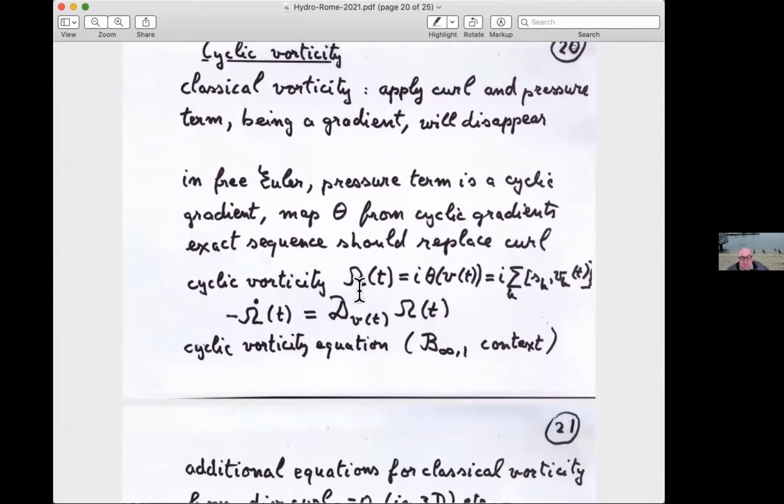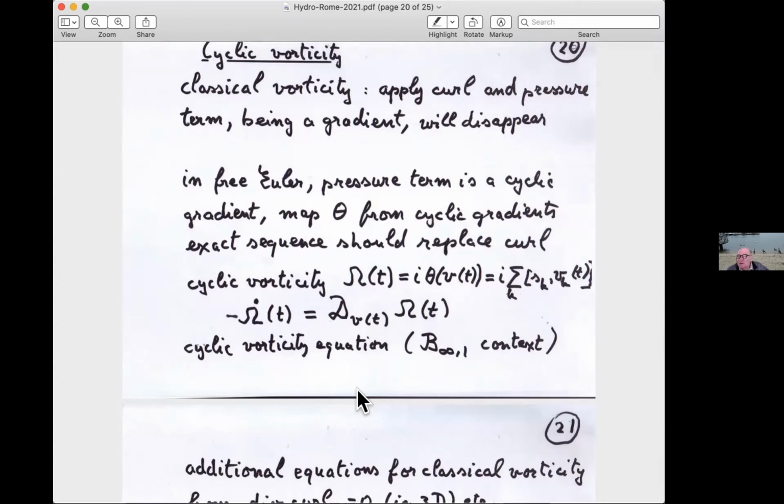Now, the cyclic vorticity is the sum of commutators: i times the commutator of S_k with V_k(t). And one has a cyclic vorticity equation: minus the time derivative of omega is the dV(t) of omega(t). So this is in the B infinity comma 1 context.